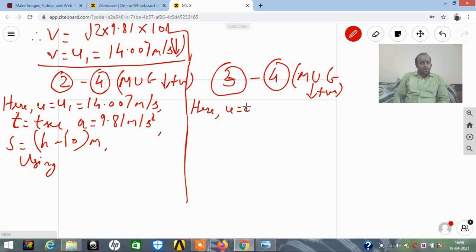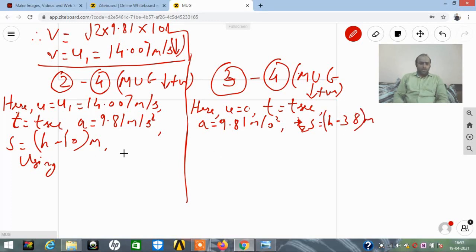Here u is equal to 0, t is equal to t seconds, a is equal to 9.81 meter per second square, and s is equal to h minus 38 meters. As you can see, in both the cases the unknowns are h and t.